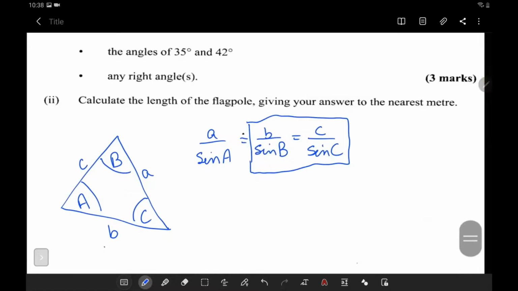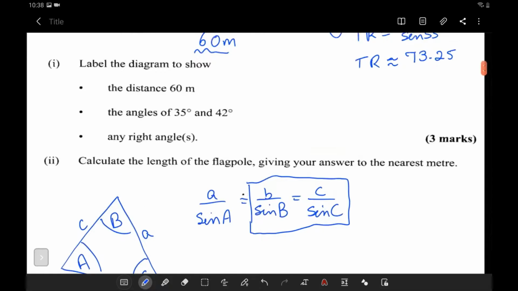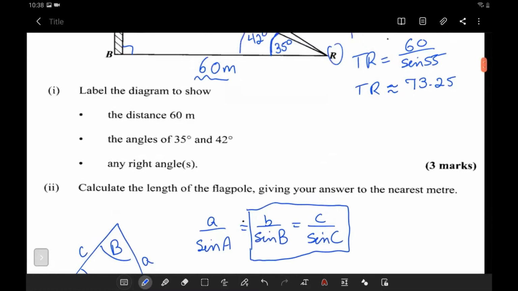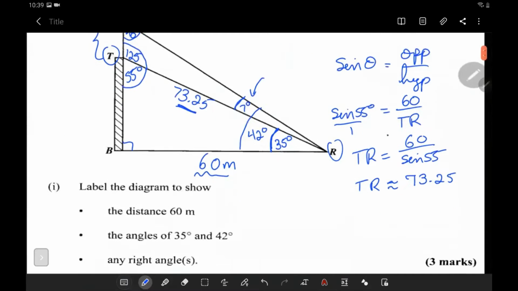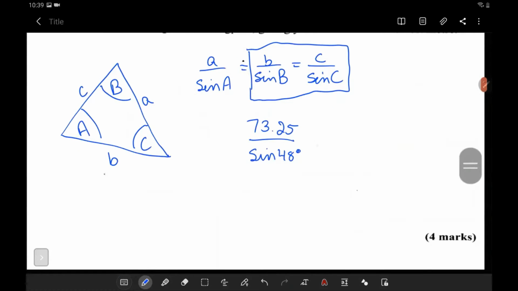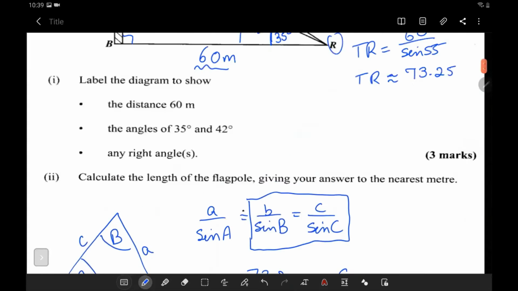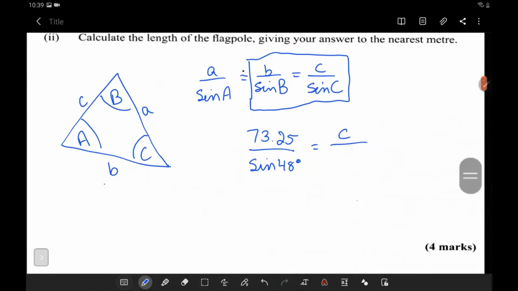Right, so I think in a previous video, you would see that I used the cosine rule to figure out a side or angle. So this time we are using the sine rule. So the side b over sine B, and B was exactly 48 degrees. That is equal to c, which is the side we are trying to find, over sine 7.